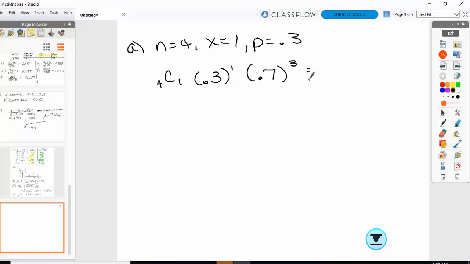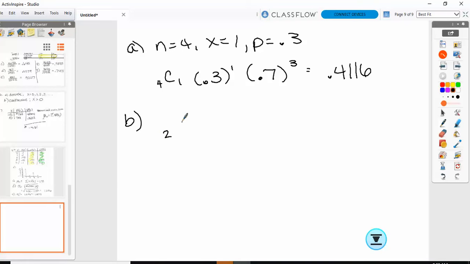So do parentheses 4, and then where do we go to? Math, over to probability, and the third one, NCR. So 4 choose 1, 0.3 to the first, and 0.7 to the third. I expect work. Make sure you're writing this line out.